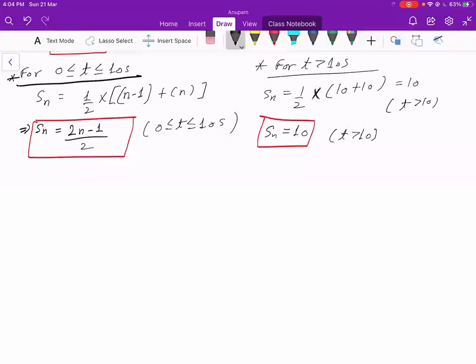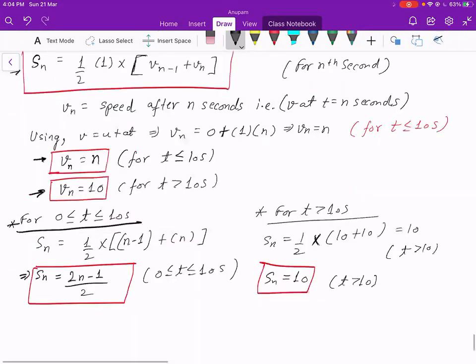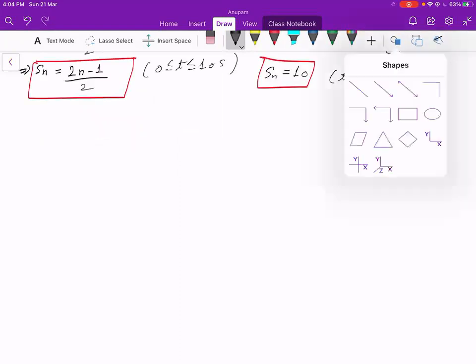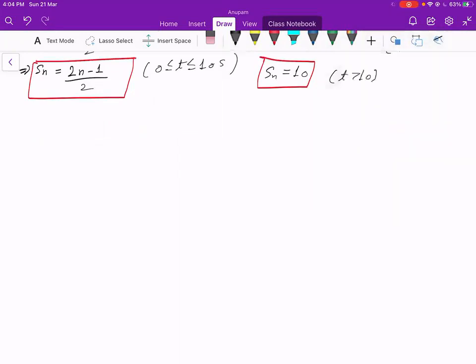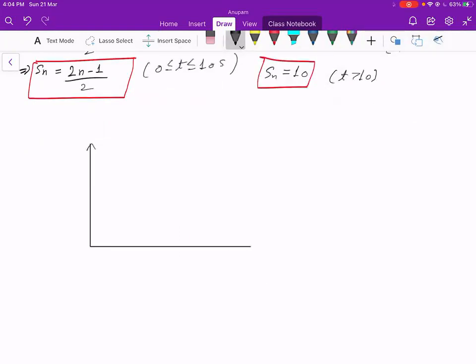Now coming to the question, plot the distance covered during the nth second, which is basically Sn, versus n. That means I'm looking to draw a graph where Sn is on the y-axis and n is on the x-axis.